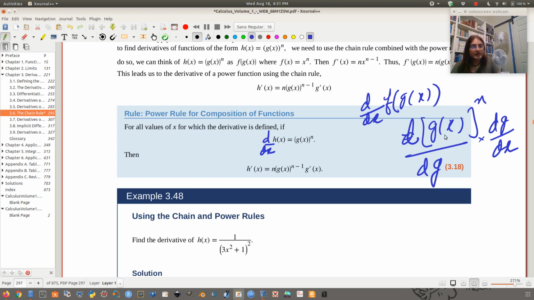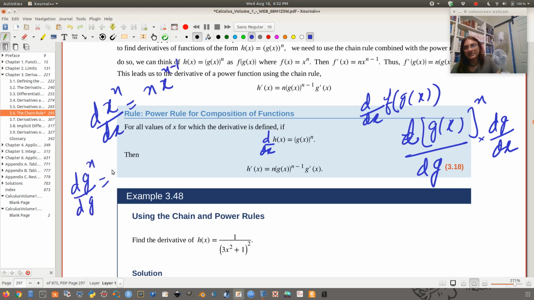Now, for example, if you had d of x to the n with respect to x, we know it would be n x to the n minus 1. But you can replace x by g. So d of g to the n over dg is n g to the n minus 1. Now g is just g of x everywhere.